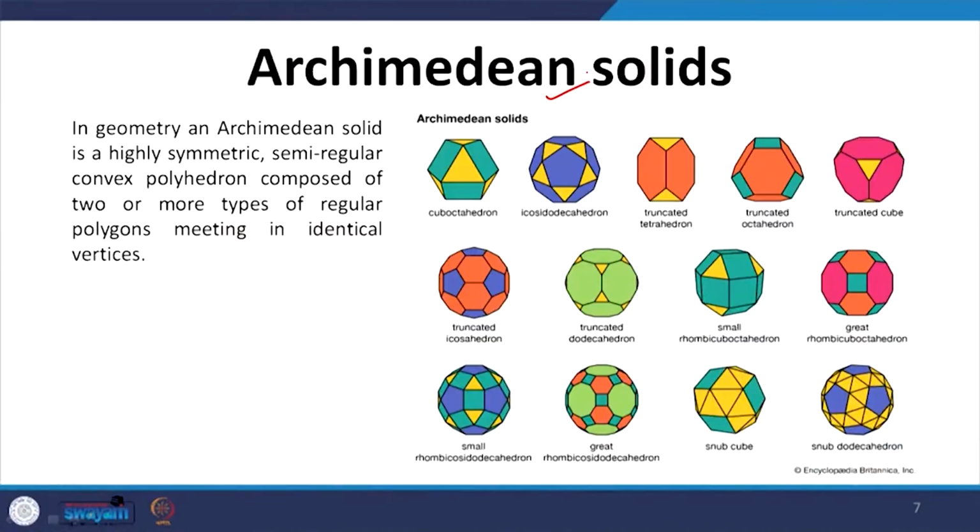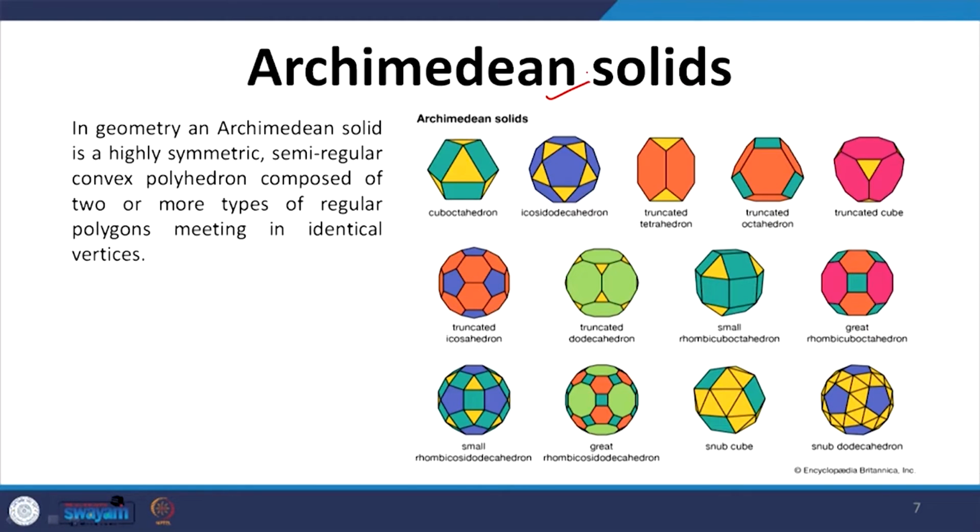The next one within polyhedra is Archimedean solids, and as the name suggests, these solids were defined or identified by Archimedes. So, there are 13 of such solids, which are called Archimedean solids, and an Archimedean solid is slightly different from a platonic solid.